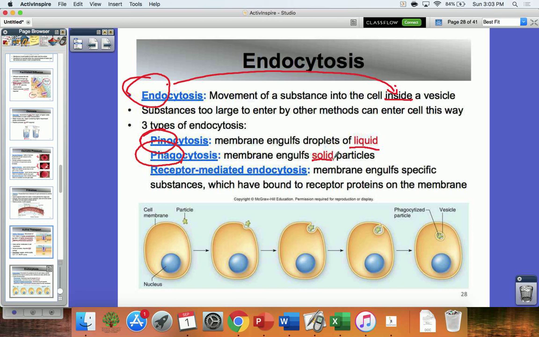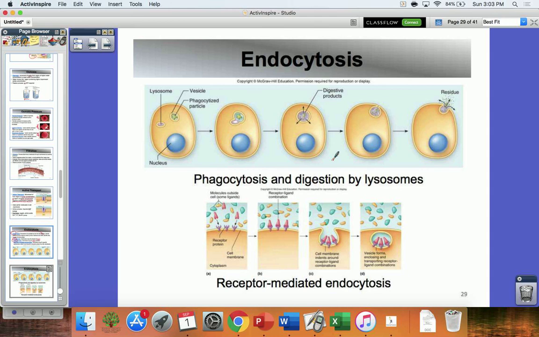There are receptors that are specific to those substances. These are just examples of phagocytosis here and receptor-mediated endocytosis, where we have the receptors on the cell membrane. They recognize specific substances that need to be engulfed, and then they are engulfed.